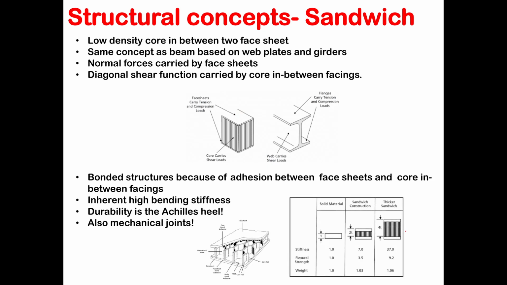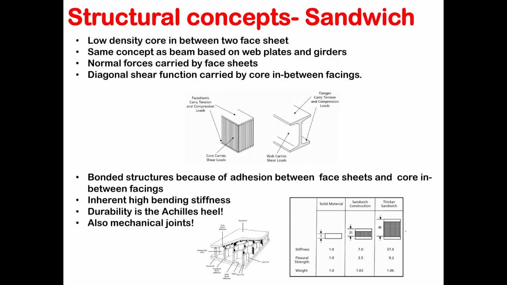As an example of a sandwich structure, you can compare the stiffness of a sandwich structure with just a solid material. You can see the stiffness with the same thickness is just 1, but if you divide this by 2 and add a core in between with the same thickness, which means that you are multiplying the thickness, you are going to have a 7 times stiffer structure, and the flexural rigidity, which is E multiplied by I, is going to be 3.5 times higher.